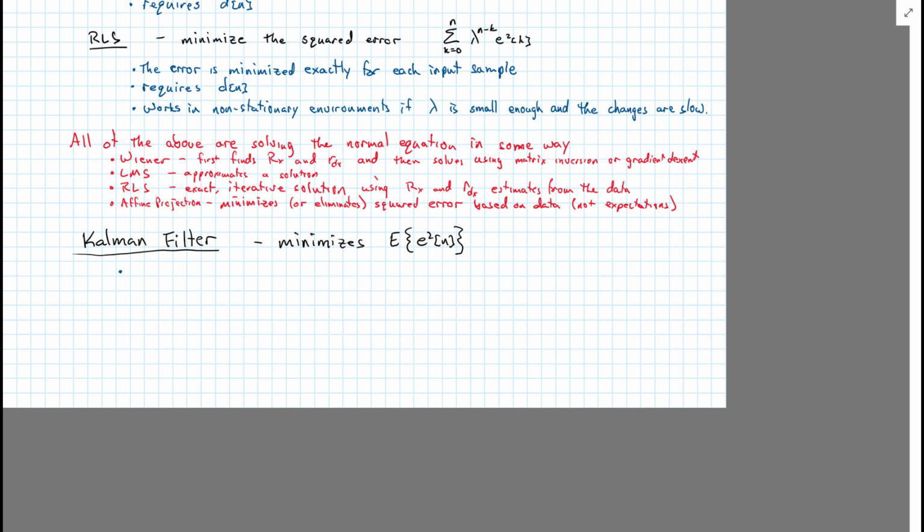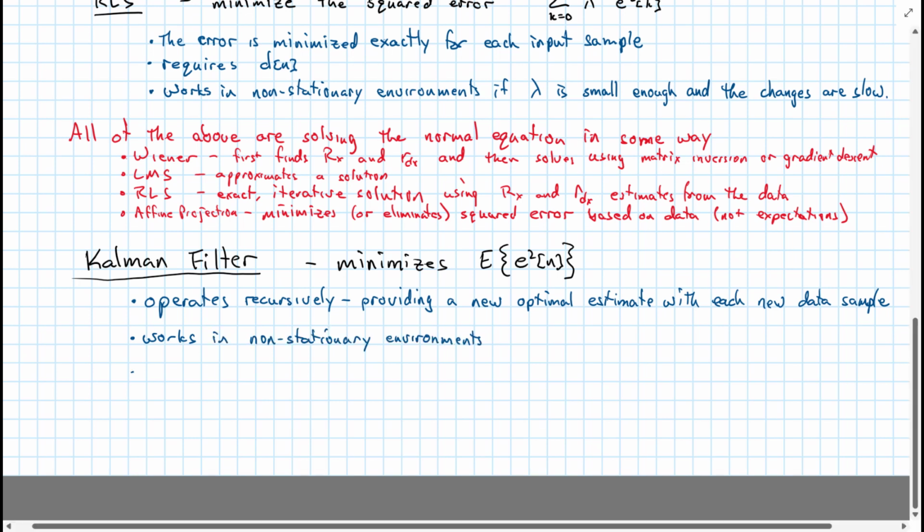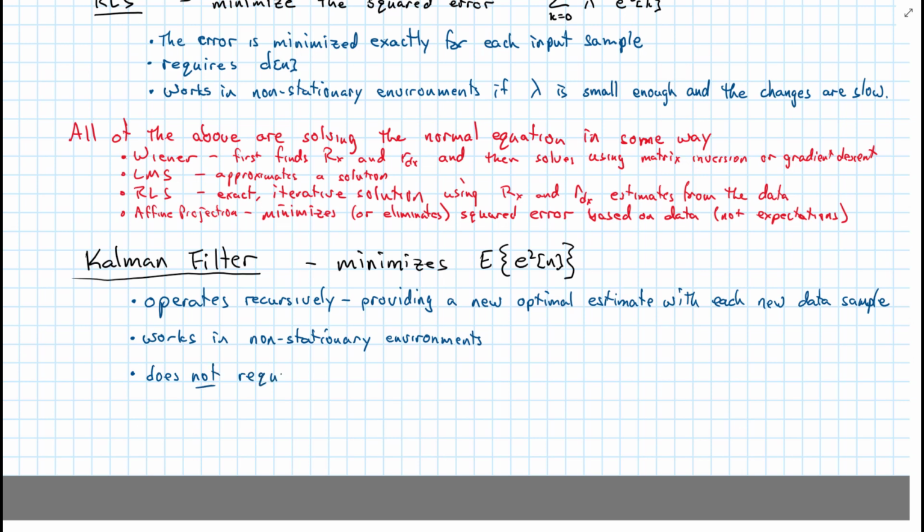Some of the characteristics are: it operates recursively on the data, it works in non-stationary environments, and most significantly, it does not require d[n].